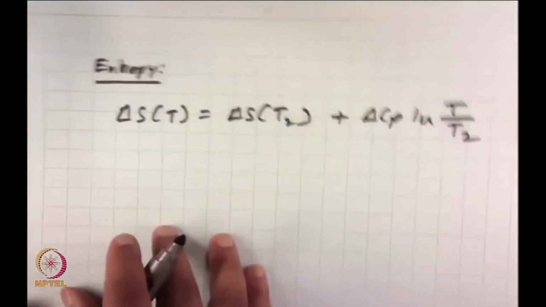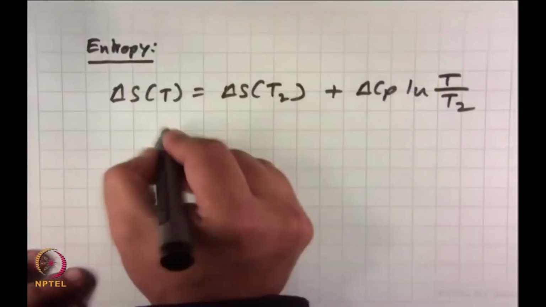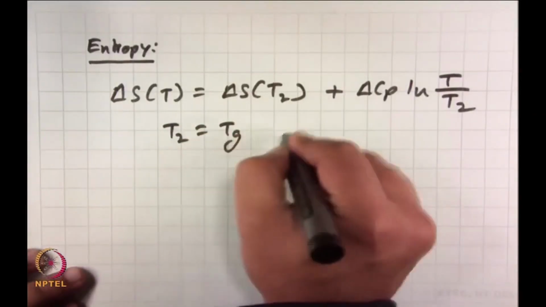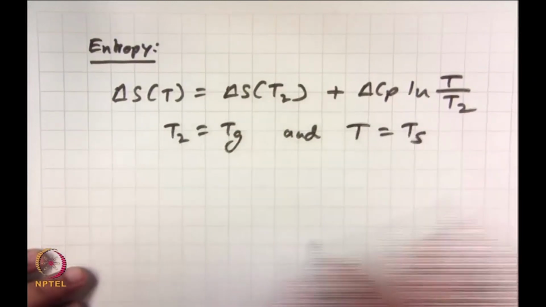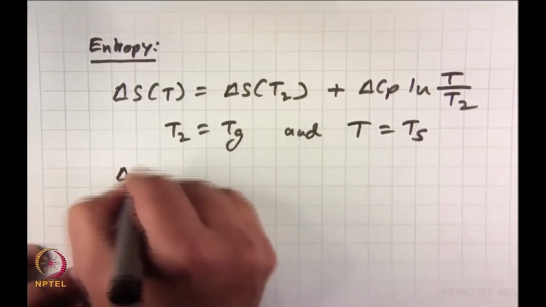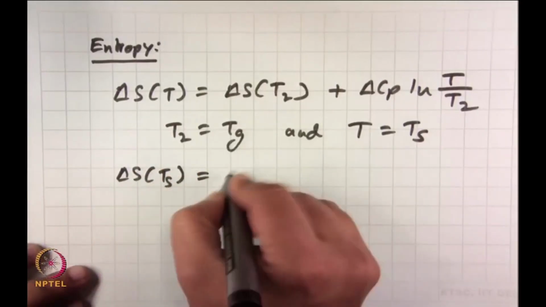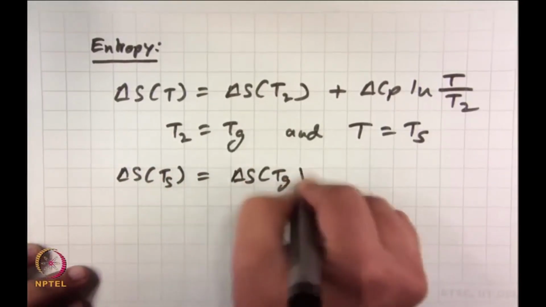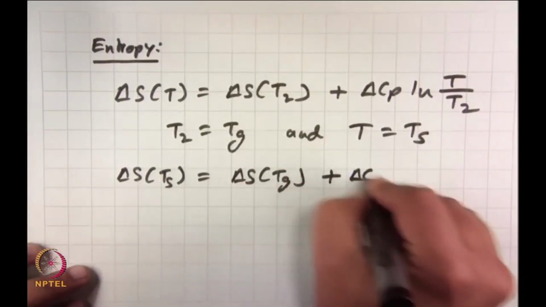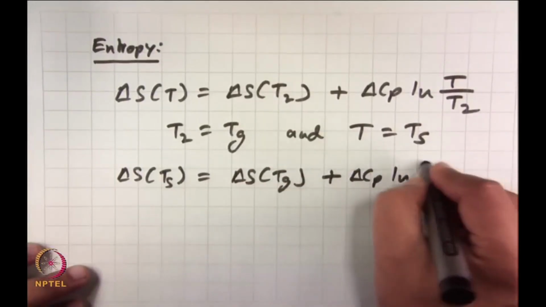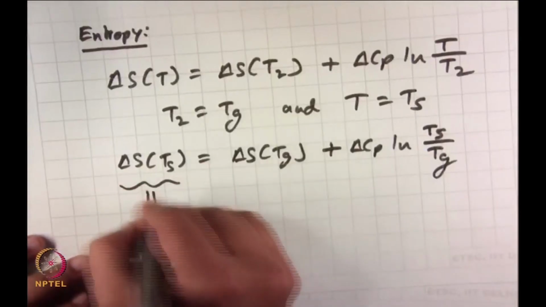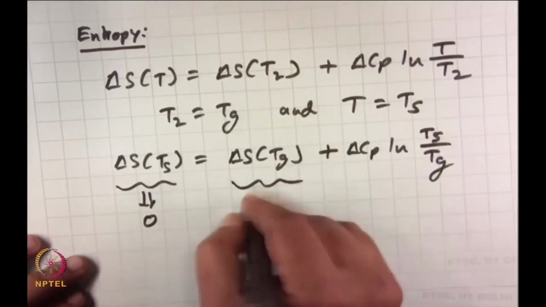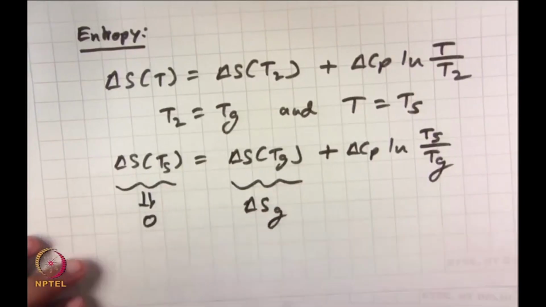And since we have said that the reference temperature T 2 is equal to T g, and we also say that T is equal to T s, because delta S of T s is equal to 0, then we write delta S of T s is equal to delta S T of g plus delta C p natural log T s over T of g. Okay. Now, by definition delta S T s is equal to 0, and then we can abbreviate delta S T g by delta S g, right.